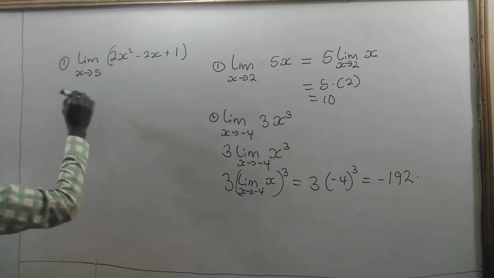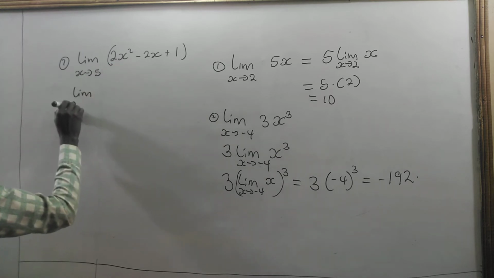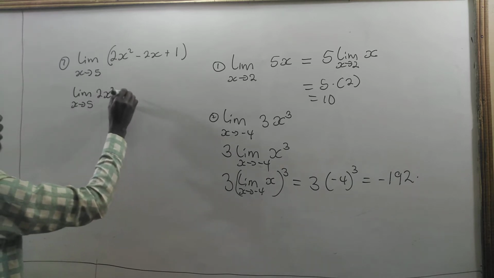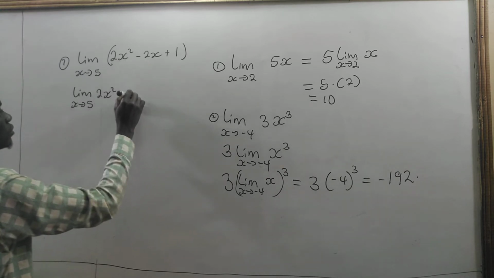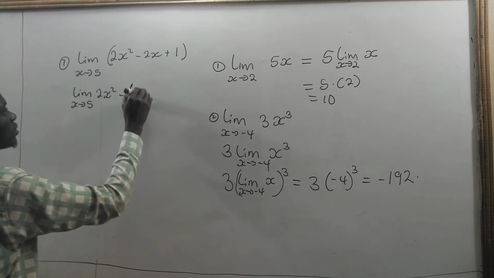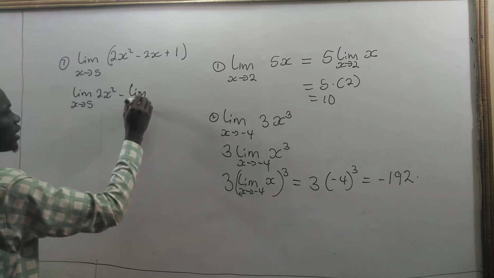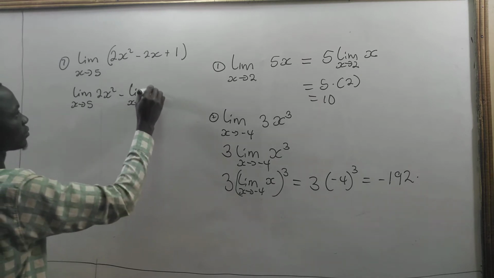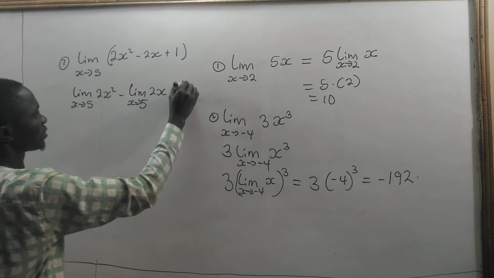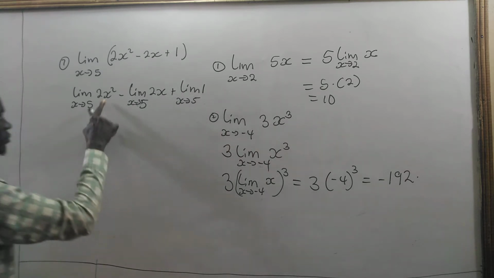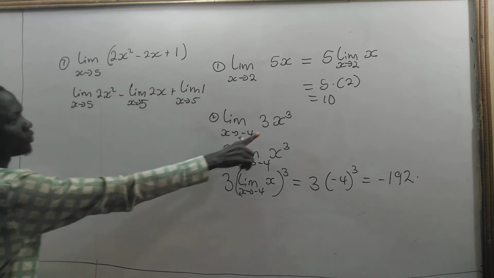So here we take the limit as x approaches 5 of 2x squared minus the limit as x approaches 5 of 2x plus the limit as x approaches 5 of 1. So this one, we've done it already here.